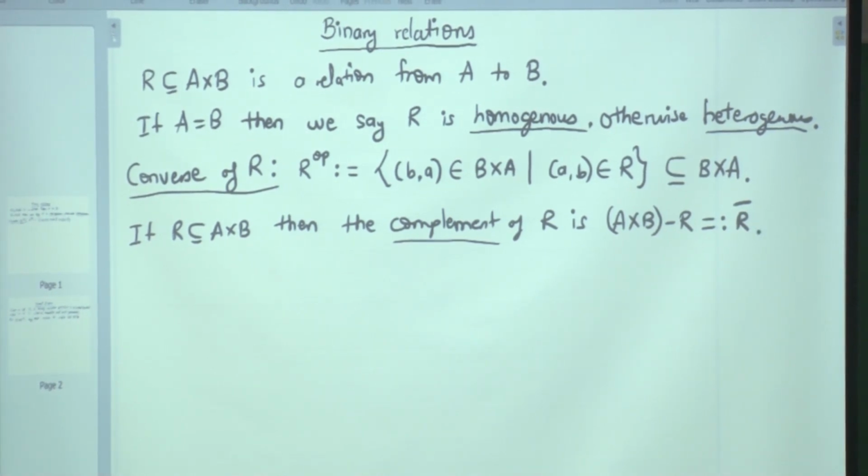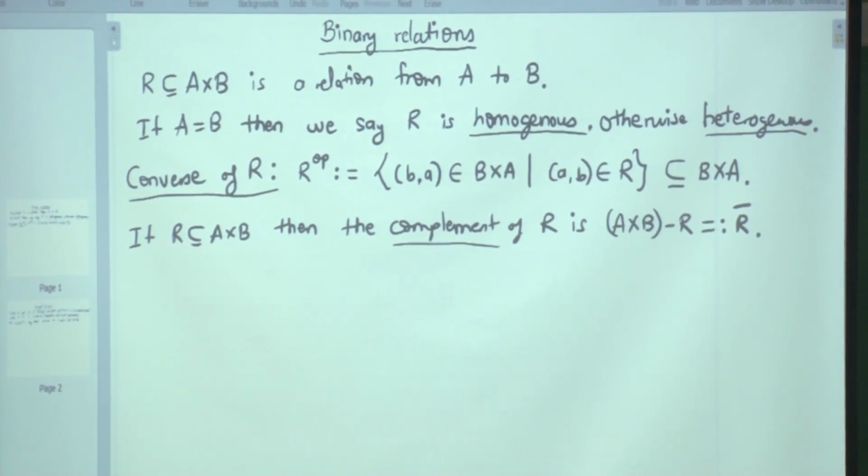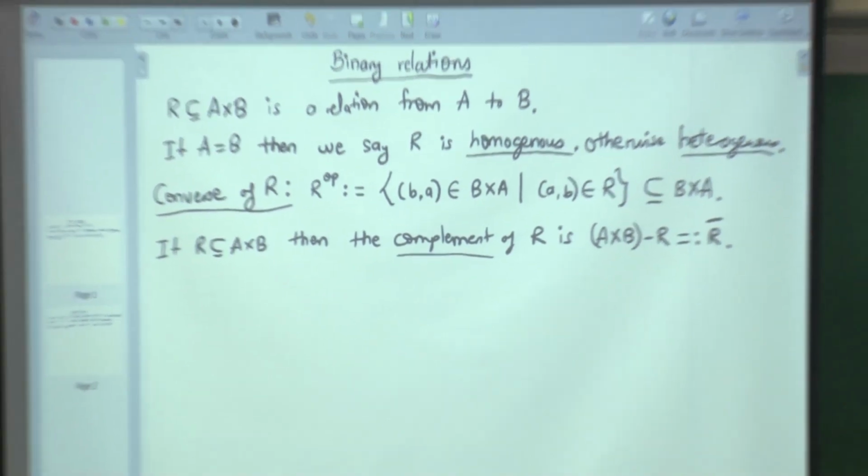Well, okay, do you want me to do any examples of these things? These are very simple things. We are not in high school anymore. That's why I will do more examples when we talk about some special relations which are partial orders. Right now let's just do this.